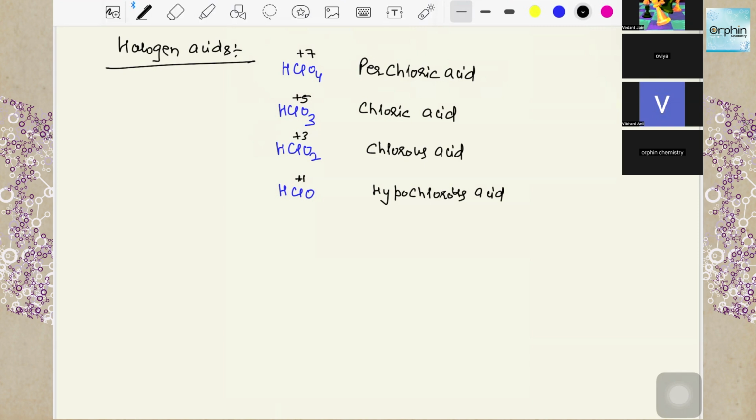Similarly, if we are having HBrO4, HBrO3, HBrO2, HBrO, there is nothing to remember; this is very simple. What is that? This is perbromic acid. What is that? Bromic acid. And then what is this?